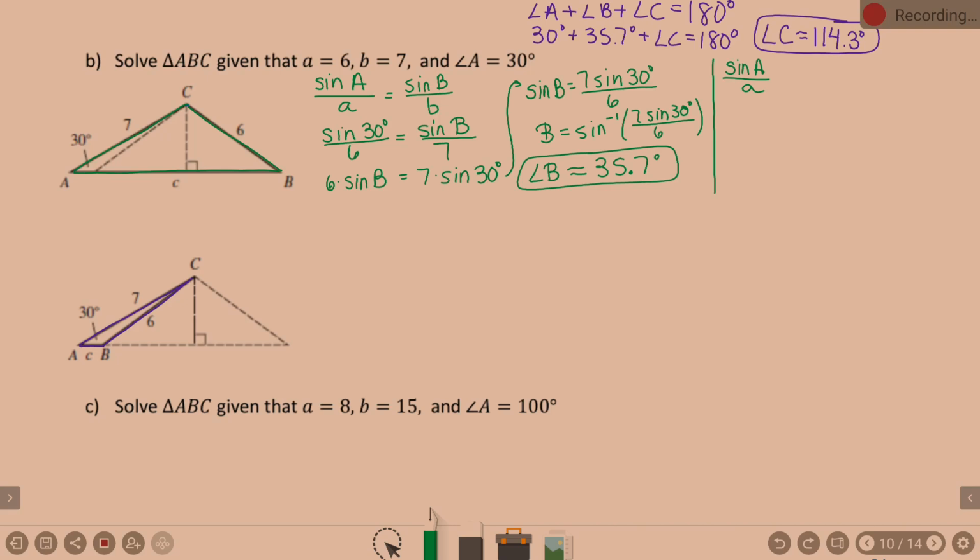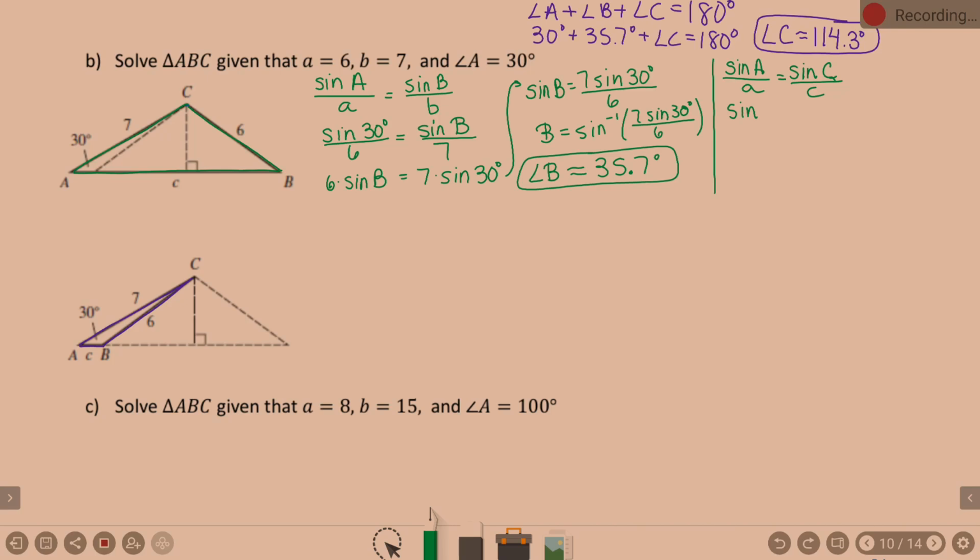And here's what I will say. If you're running out of room and you need to adjust things, we're not going to need a ton of workspace for C. So you can run off into C a little bit. So sine of A over A equals sine of C over C.